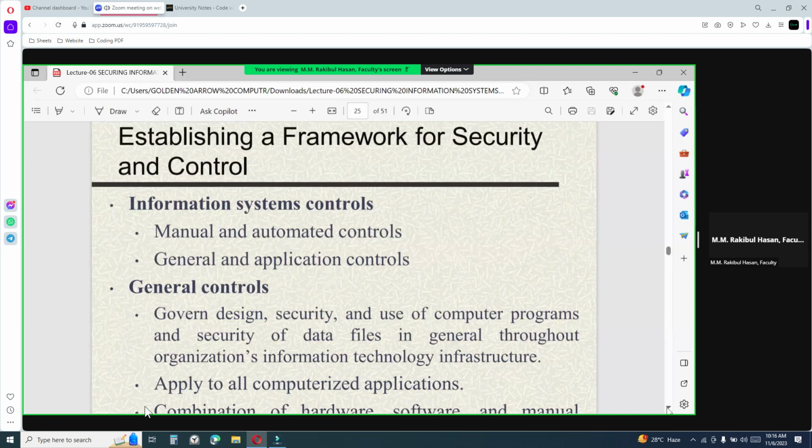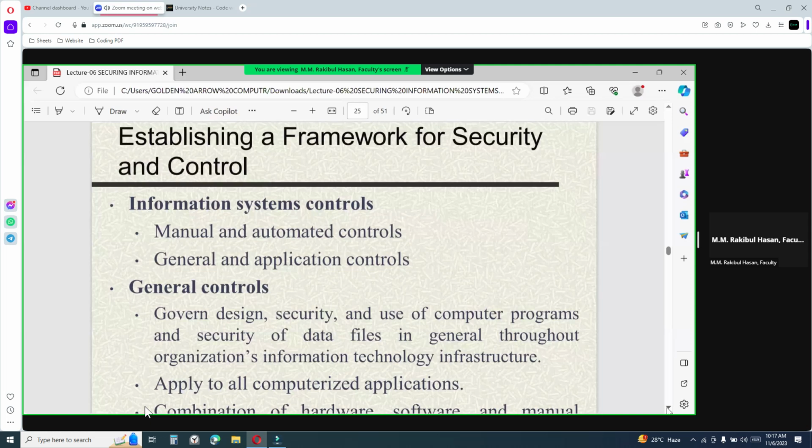If you remember, in the first part of this lecture we learned the definition of control: some rules and regulations, some procedures, some mechanisms, some technical measures, so that we can ensure the security, accuracy, and efficiency of the information system. We basically discussed this in our previous class.